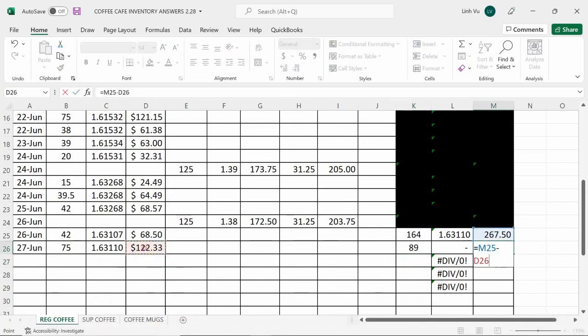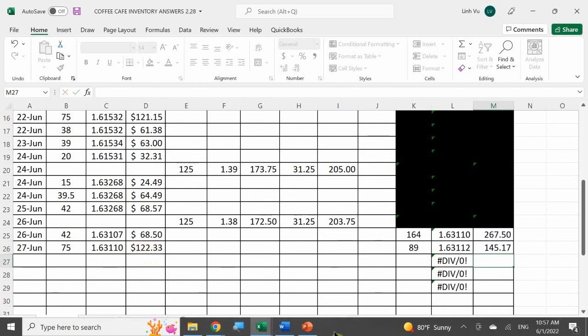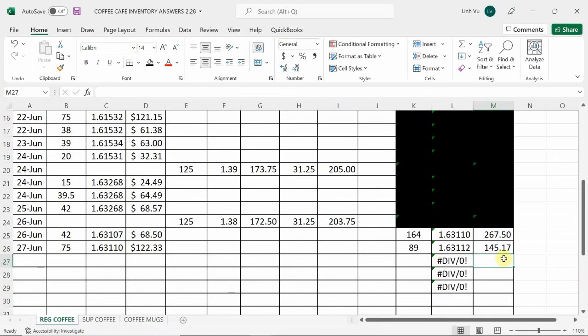And I also sold a total of $122.33, so that means I should have $145.17 remaining. So I have 89 pounds left, and I sold a total of $122.33 worth of regular coffee.